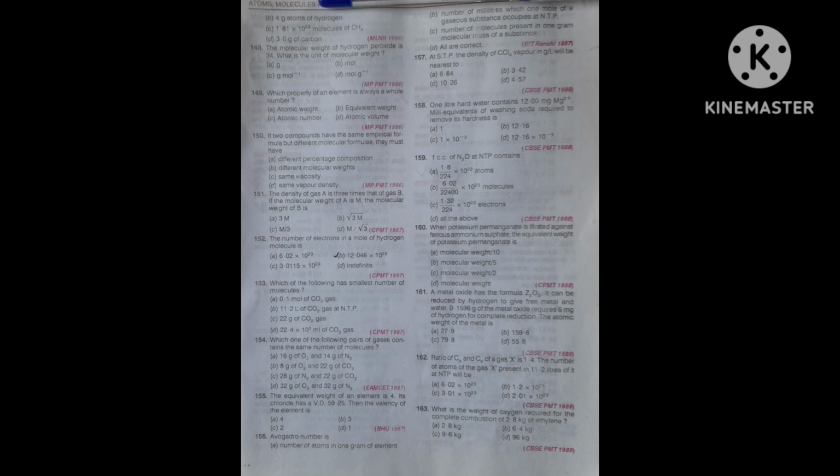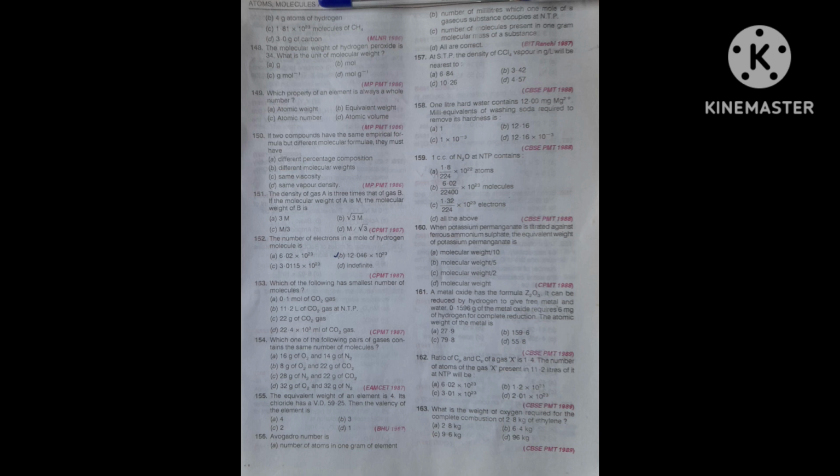Then it will be 0.1596 divided by 0.006, which is 26.6 gram. So 1 gram of hydrogen H2 reacts with 26.6 gram of Z2O3.